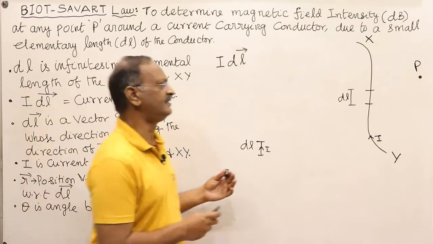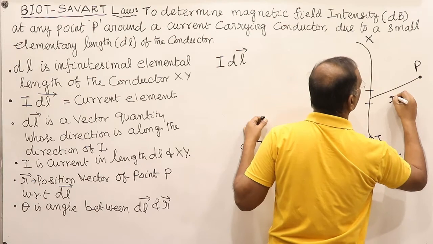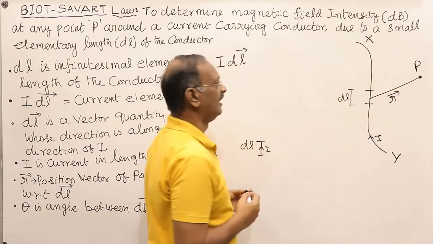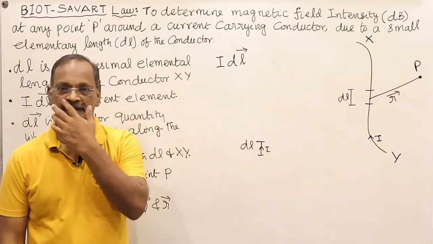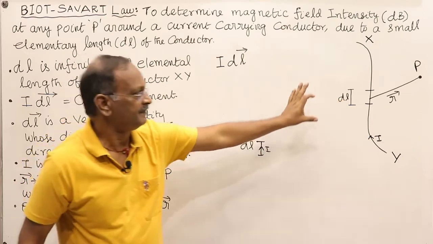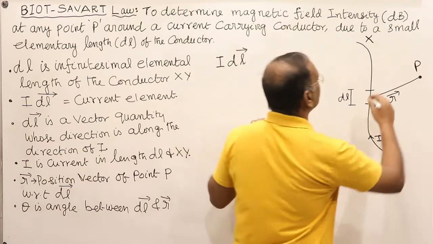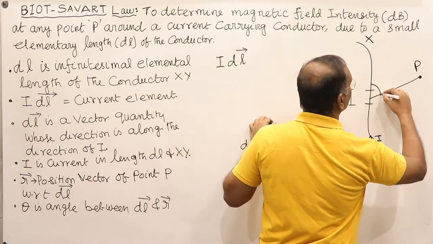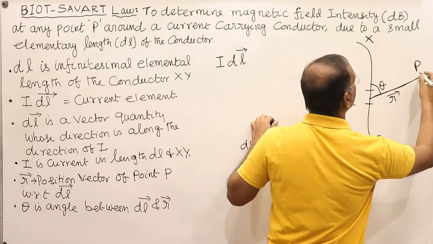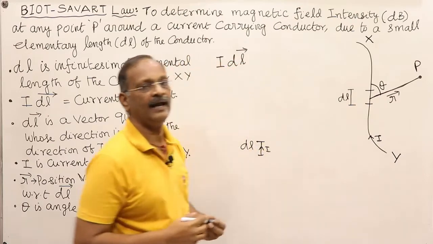Now let us see, this is the position vector. R is the position vector of point P with respect to this dl vector. Suppose the line joining the point P and the conductor makes an angle theta.